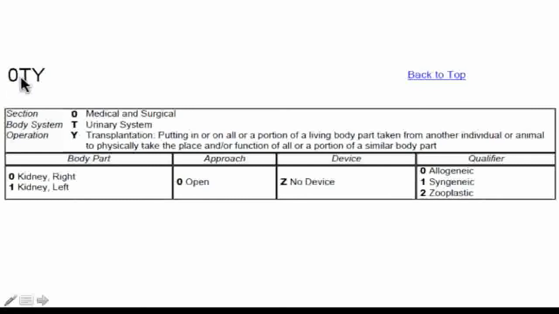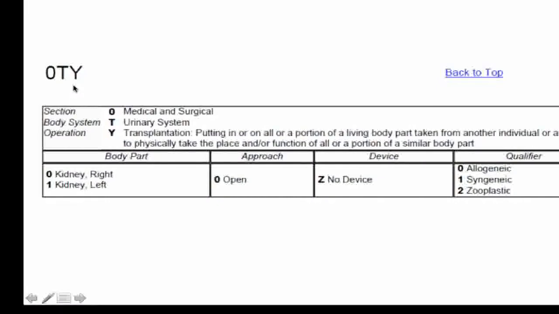The second character, remember the question, who is my surgeon? What is his specialty? The urologist in this case, so it is related to the urinary system. The character T identifies the urinary system.